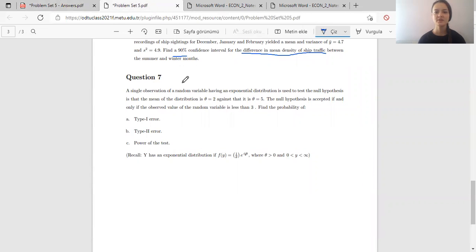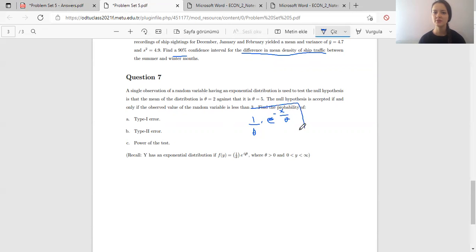And question 7 includes an exponential distribution. Okay, our H0 is theta is 2. Theta is the mean of the exponential distribution here. So we are writing the exponential distribution's PDF in the form of 1 over theta e to the minus x over theta.